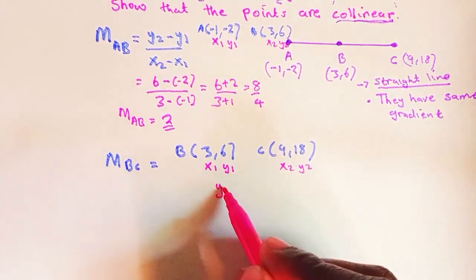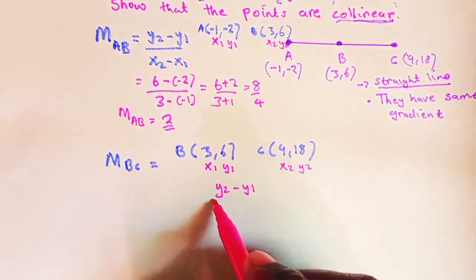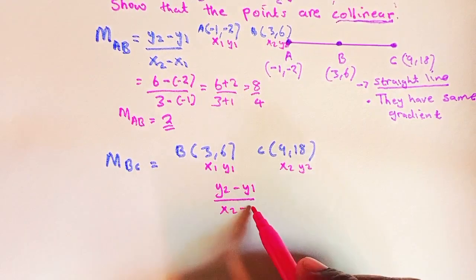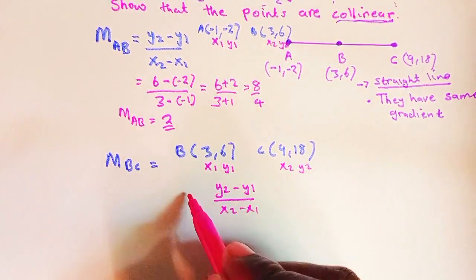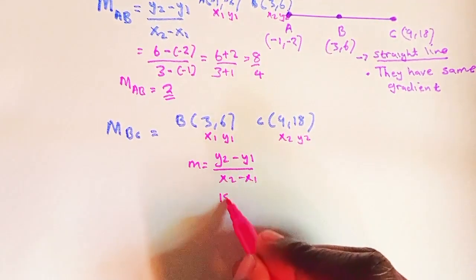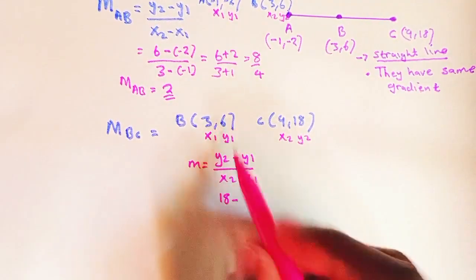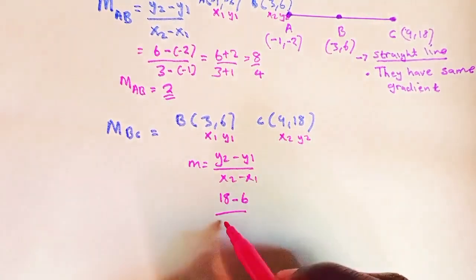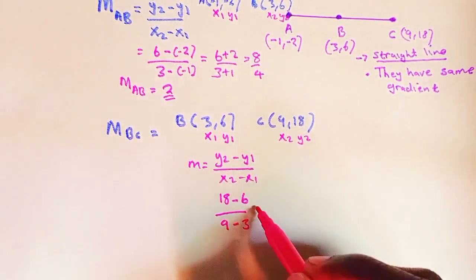We write the formula y2 minus y1 over x2 minus x1. So here it's going to be 18 minus 6 over 9 minus 3.